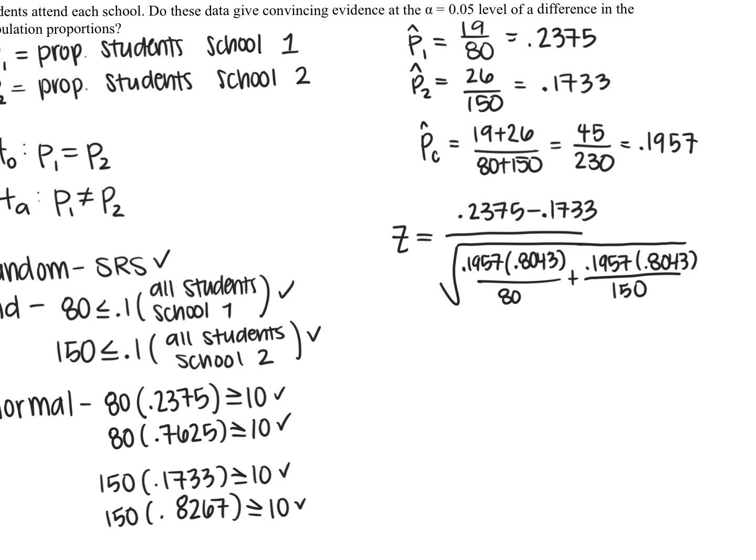So I'm going to do this all in one step in my calculator, just so I get the most accurate answer as possible. And then I'm going to go over how you can do this using the test in the calculator. So we're going to get a z-score of 1.17.